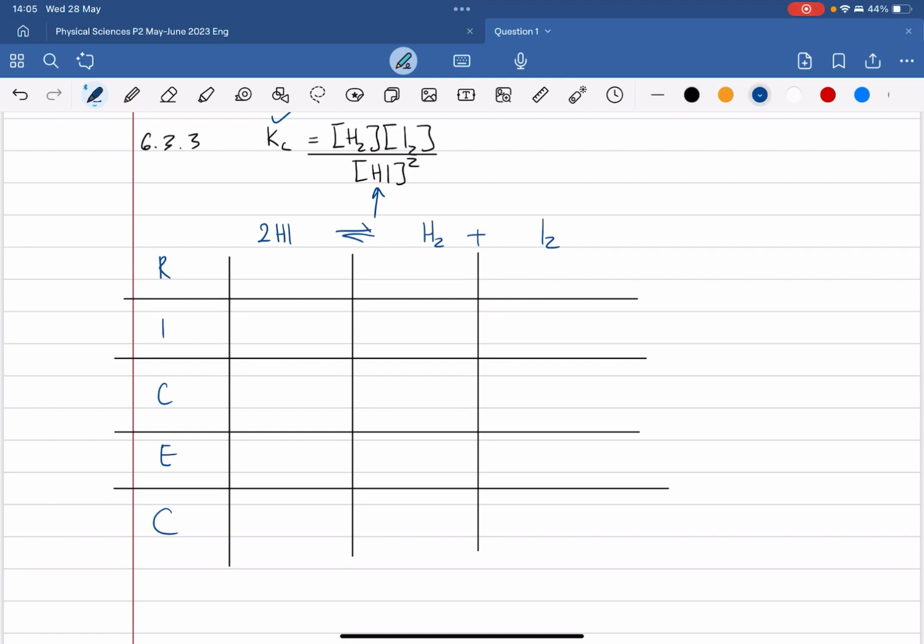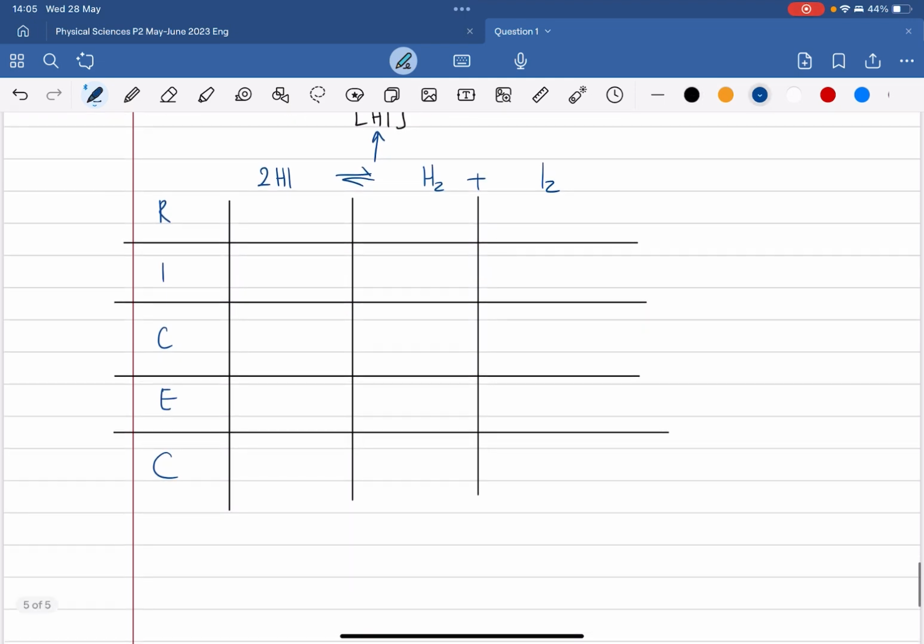Wonderful. So the R stands for ratio. The I stands for initial, that's the initial number of moles. The C stands for the change in the number of moles. And you must always remember that the change is always related to the ratio. So we use the stoichiometric ratio whenever we're calculating the change. You'll see that in a moment.